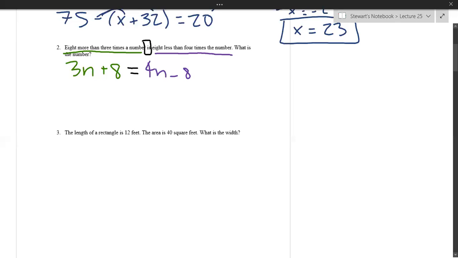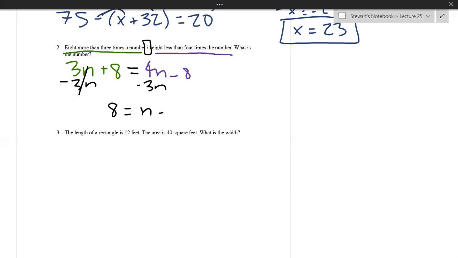So let's start by getting our variables together on one side. I'm going to subtract 3n from both sides. So we're going to be left with 8 is equal to n minus 8. All that's left is to add 8 to both sides to get n by itself.